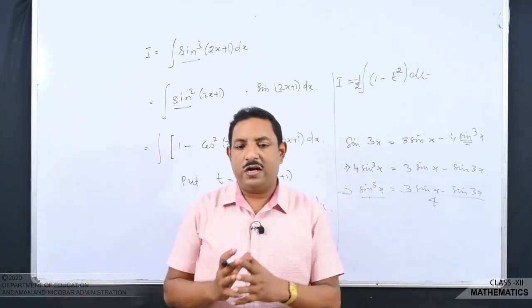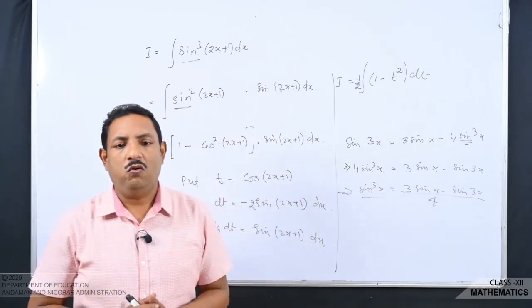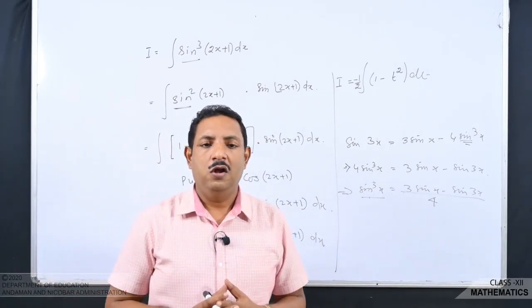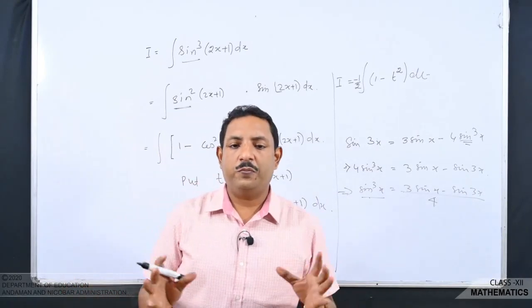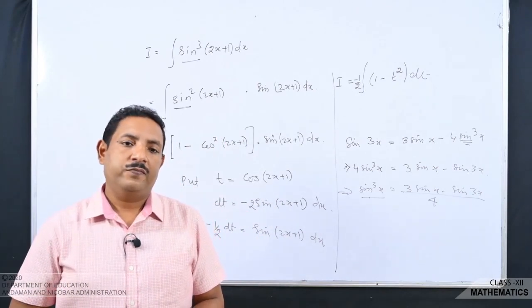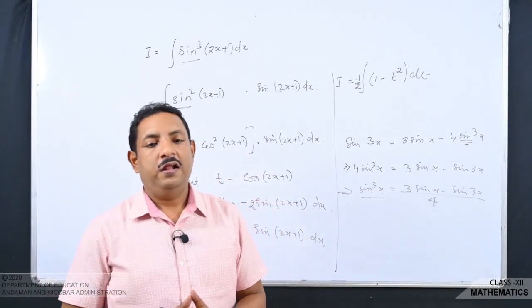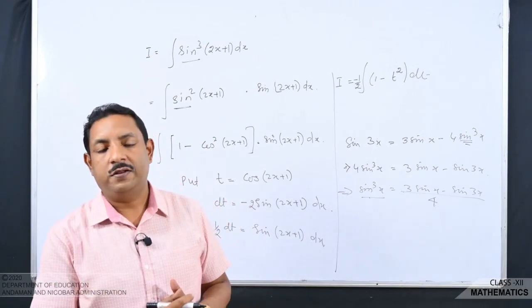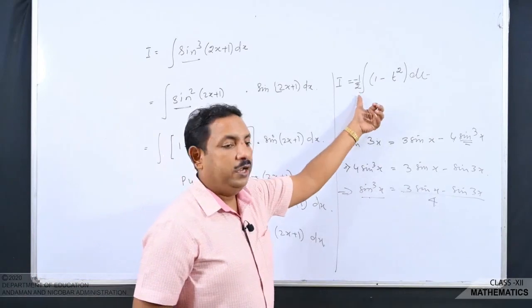So that means sine cube x also can be written in this form. Your target is to convert the cubic function or a square function or any product function or any rational function in terms of trigonometry into a linear function, because we know the integration of linear trigonometric functions. Okay, dear students, so this way now you can do the integration over it.